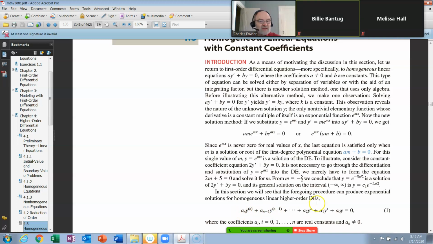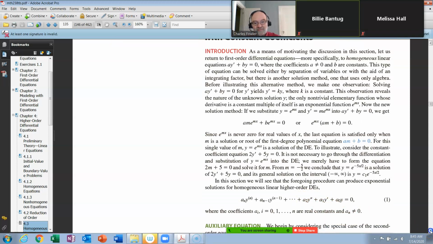The rest of them can be any real number: positive, negative, fraction, decimal, rational, irrational, or 0. The only restriction is a sub n can't be 0.